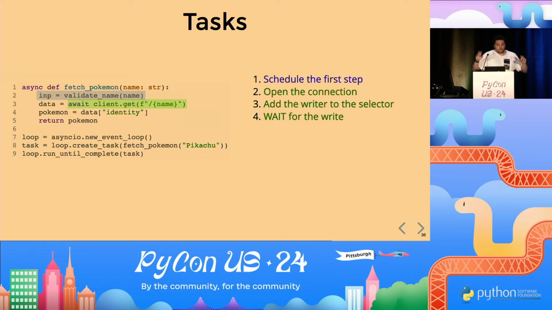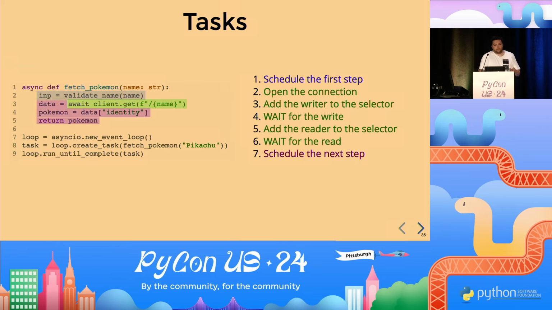Once this is done, we'll wait for the write to be possible, because maybe for some reason the connection is not possible and it's used by other devices. Then when we receive the data, we'll add a reader that will wait for the result of the query to come back, and we'll wait for the read. And once the read arrives, we'll schedule the rest of the execution of this coroutine.